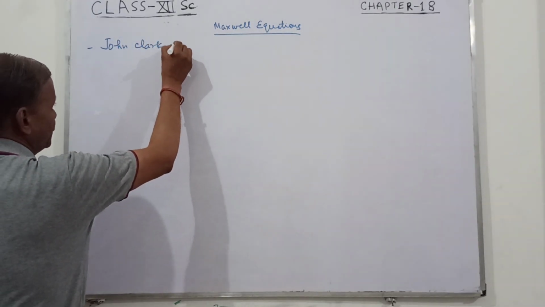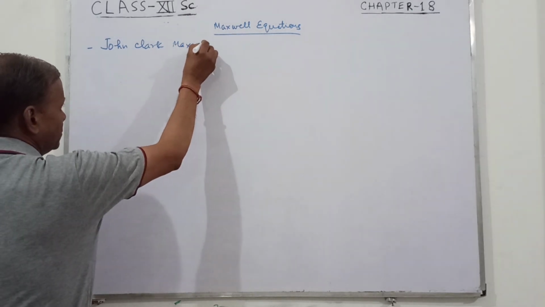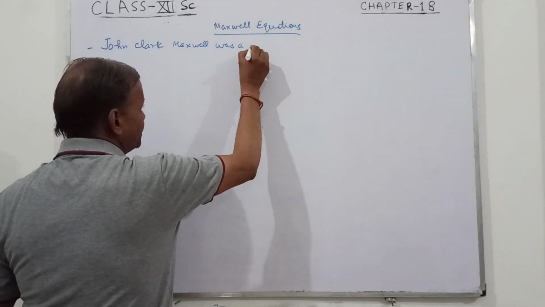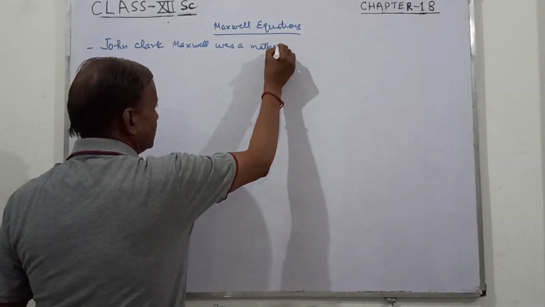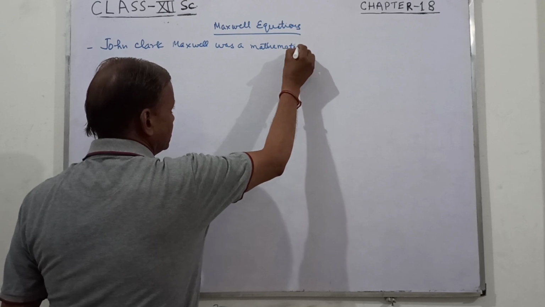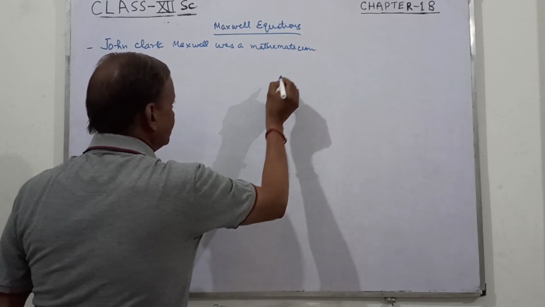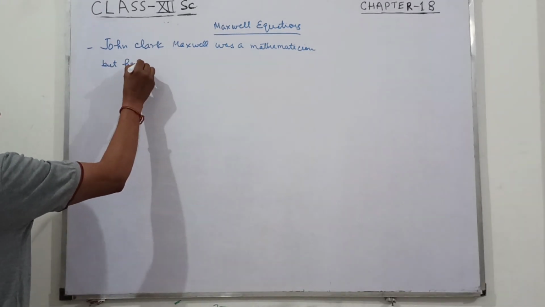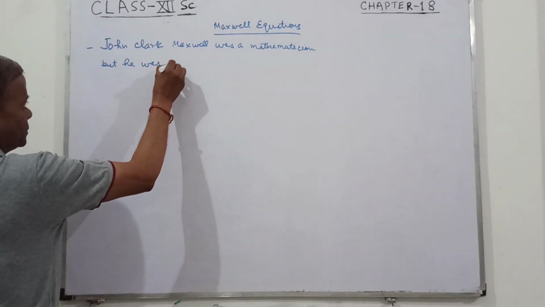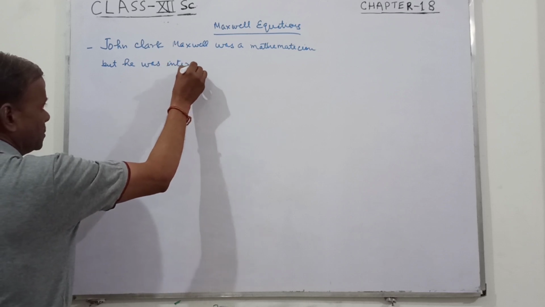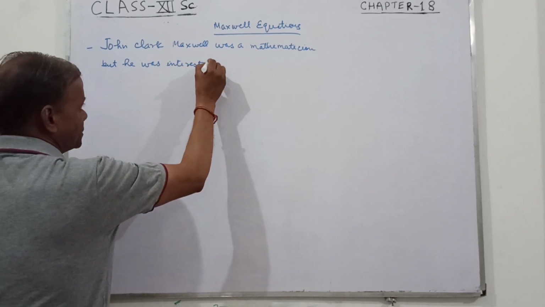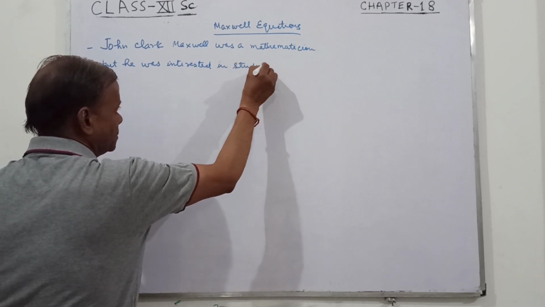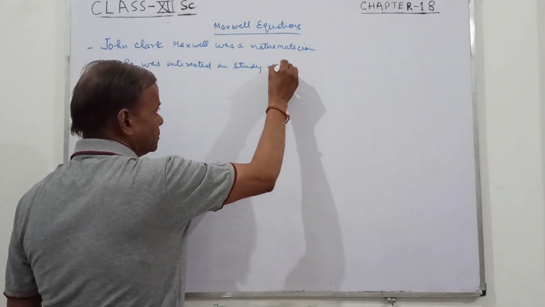James Clerk Maxwell was a mathematician, but he was interested in the study of physics.